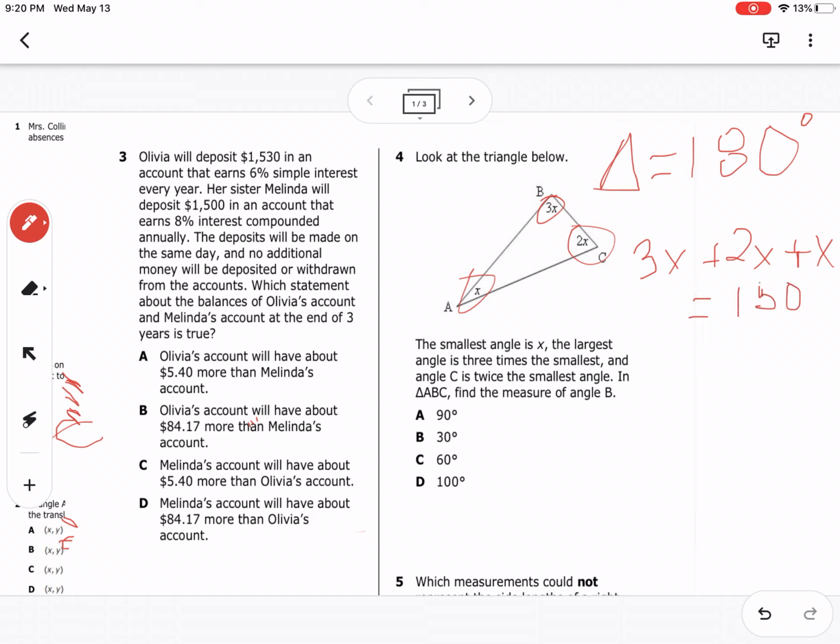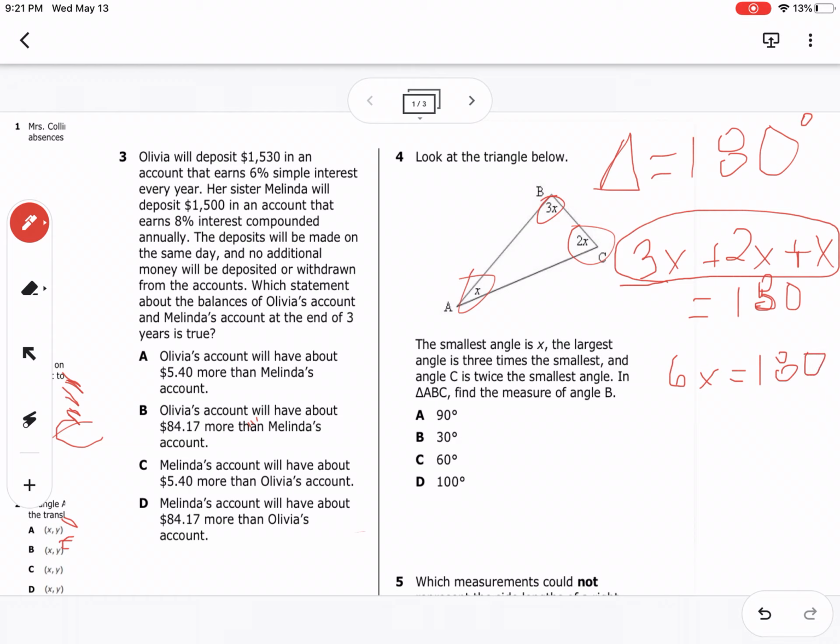All of these angles, no matter what we do, are going to equal 180. So we add all of these x's together. We have 3x plus 2x, which is 5x, plus another x is 6x. So we have 6x equals 180.